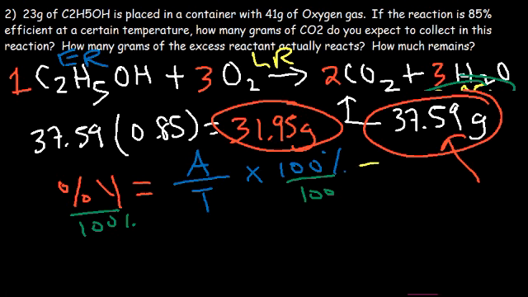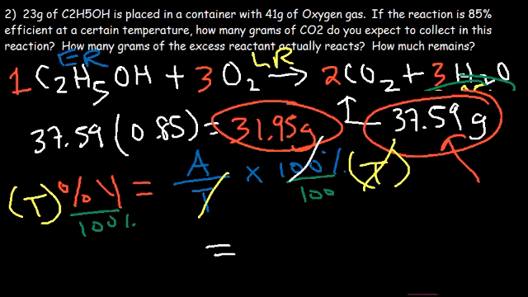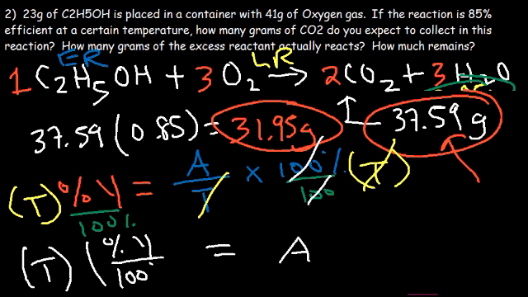And we also need to multiply both sides by the theoretical yield, so that the T will cancel on this side. On the right side, the 100 cancels and the T cancels, so we only have the actual yield. So the actual yield is equal to the theoretical yield times the percent yield, where the percent yield is divided by 100%.